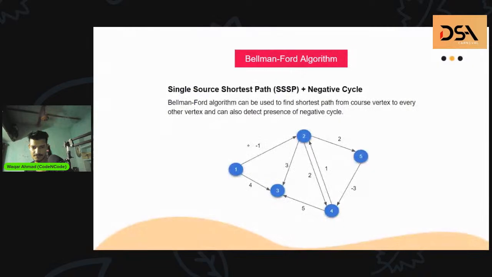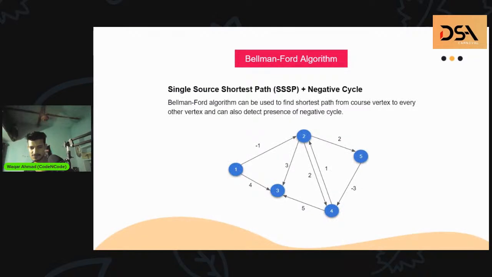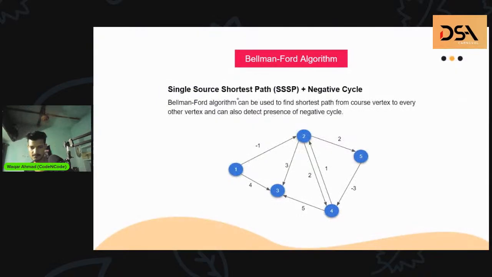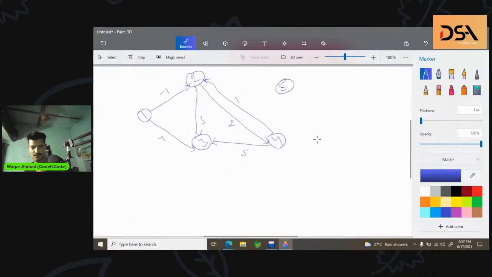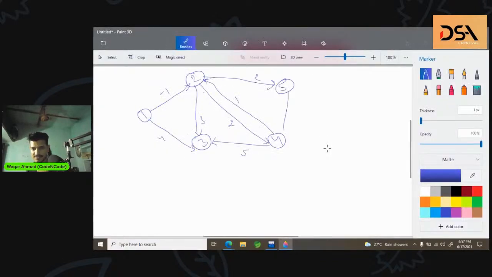I need to see the direction. This is 2 and this is 1. All of these are directed edges. From here to here, the distance is actually 2. This edge, 5 to 4, is actually -3. Okay, so this was the graph.